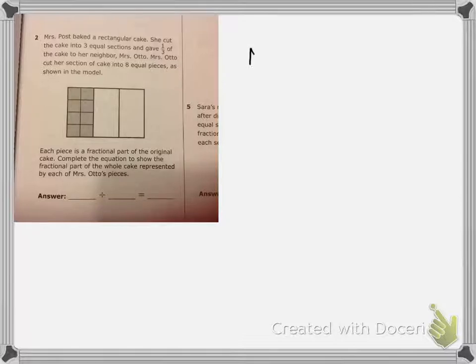Okay, now Mrs. Otto had 1/3 of the cake that she cut into 8 pieces, right? So her 1/3 that she cut into 8 pieces. So we're going to divide that 1/3 by 8. And again, we can turn it into a fraction.